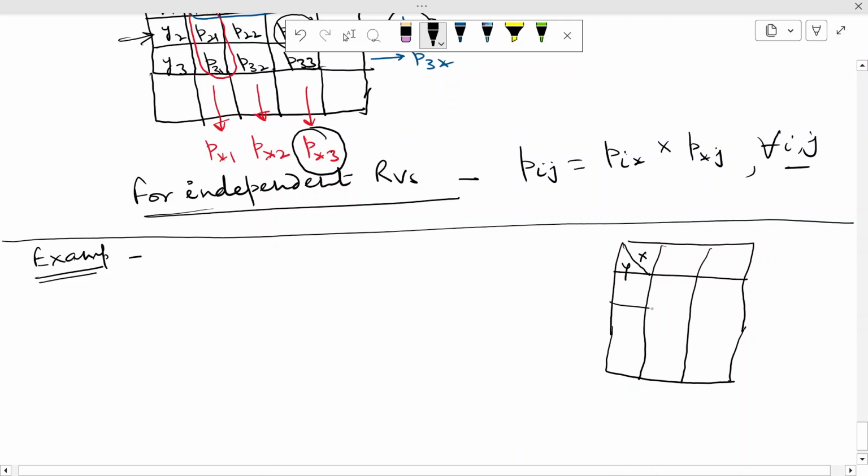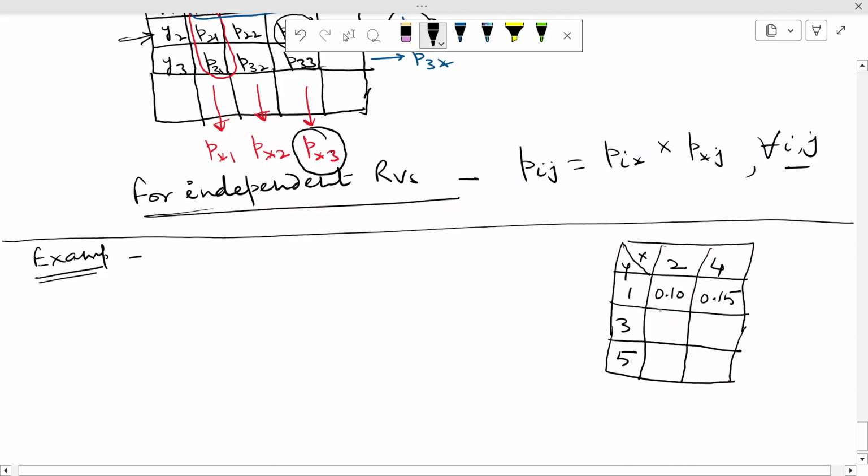We can write these values like this. Here we have the values of x, which are 2 and 4, and here we have the values of y, and we are also given the entries for the joint probabilities.